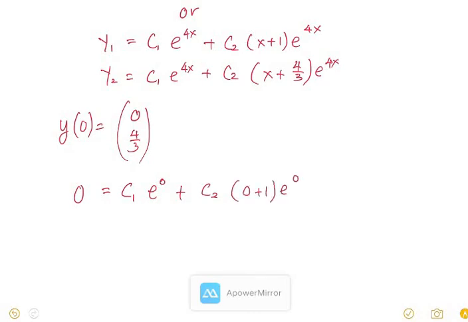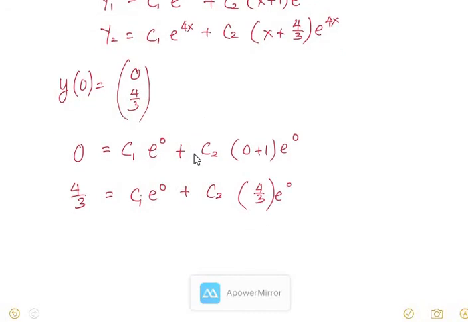And then for y2 you get 4 over 3. So use 4 over 3 equal to C1 e^0 plus C2 (0 plus 4 over 3) e^0. So now C1 plus 4 over 3 C2.